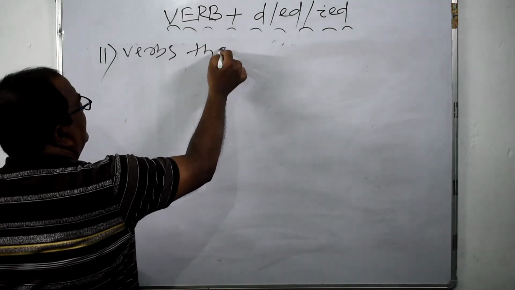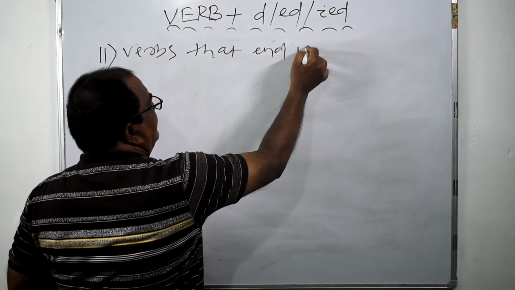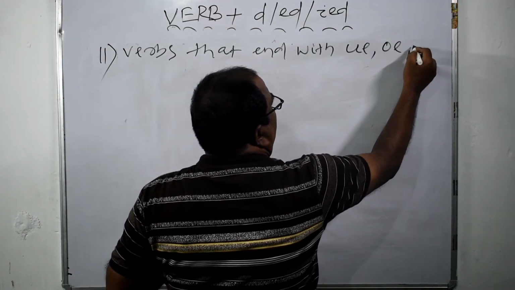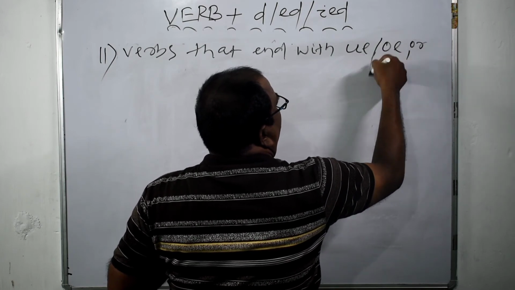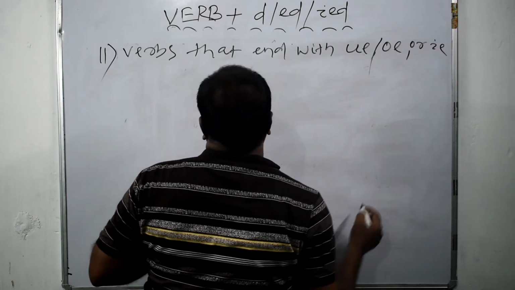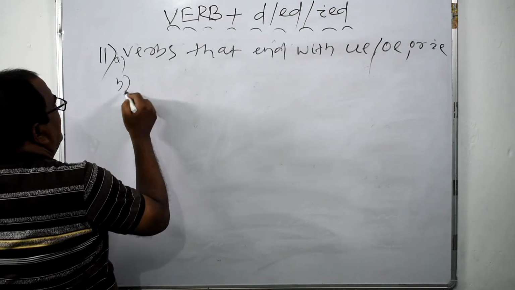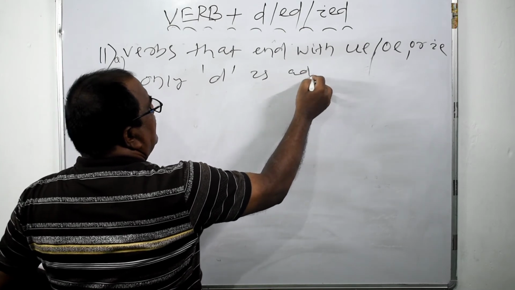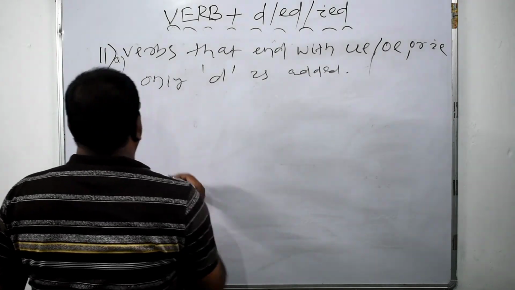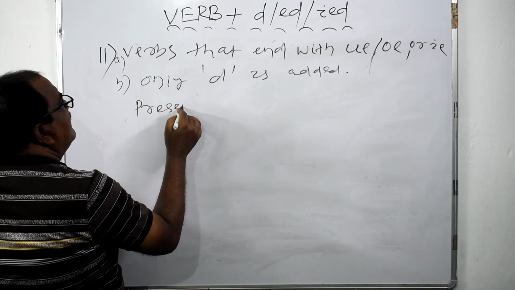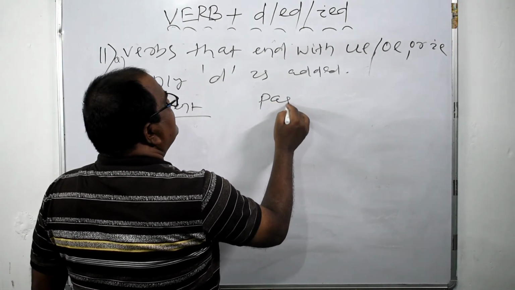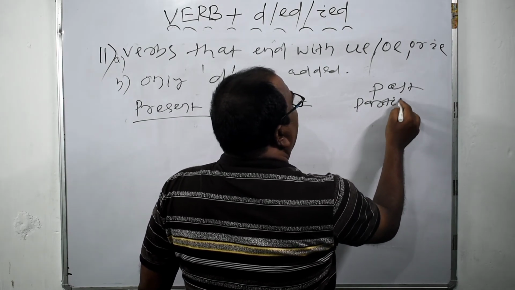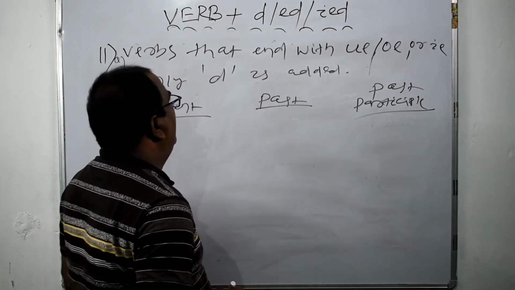Verbs that end with ue, oe or ie. In this case, only d is added. Present, past, past participle.